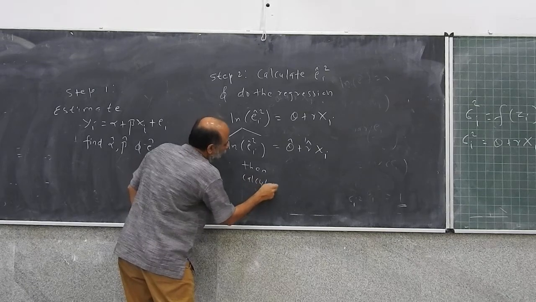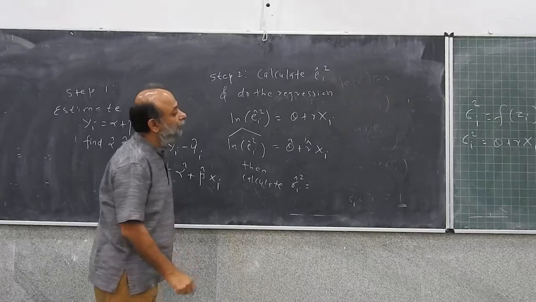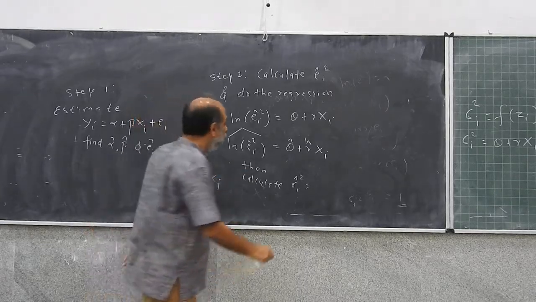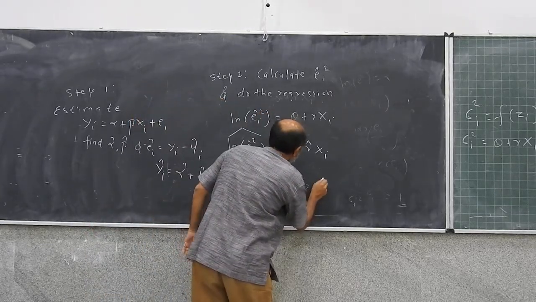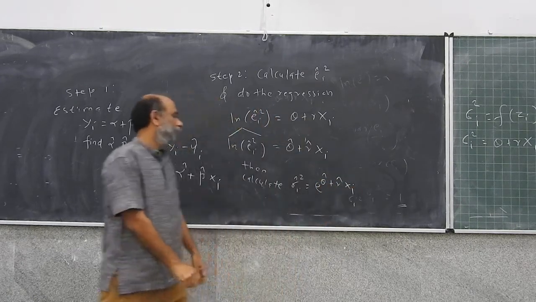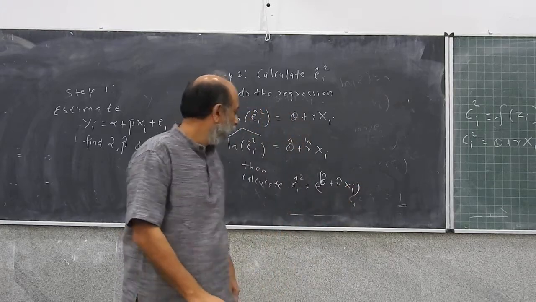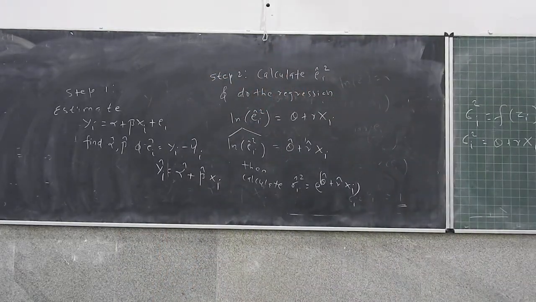Then calculate sigma hat i square is equal to e raised to theta hat plus gamma hat xi.